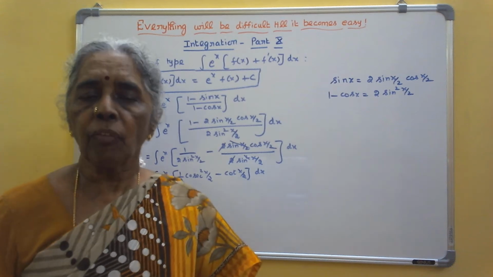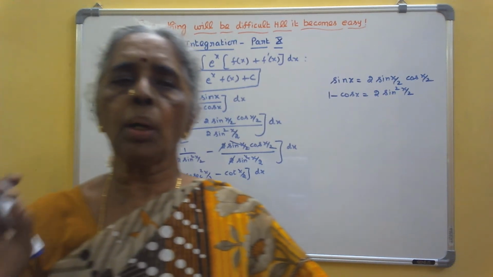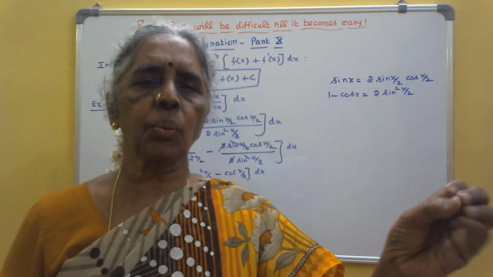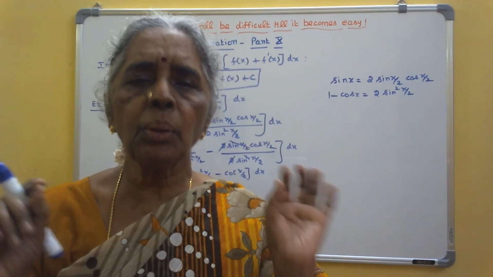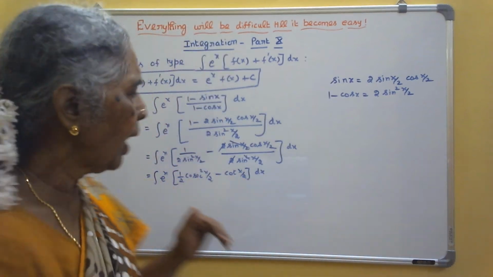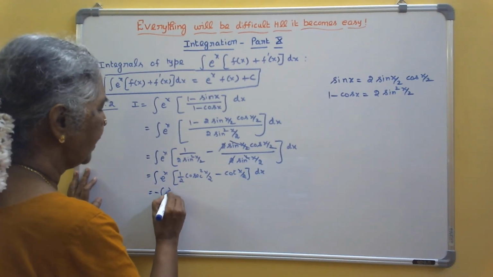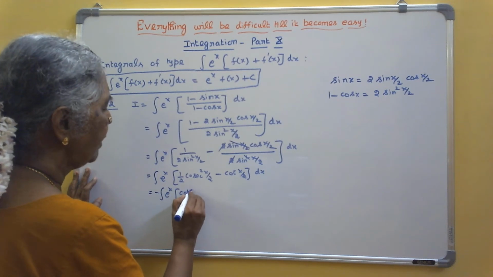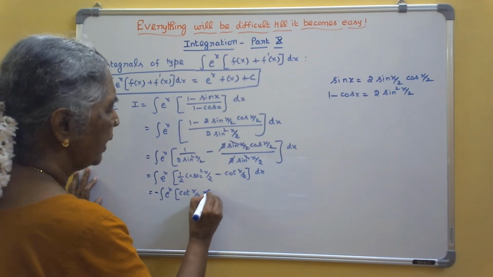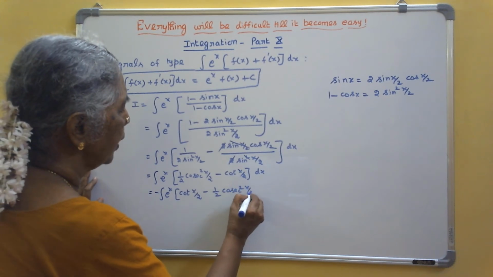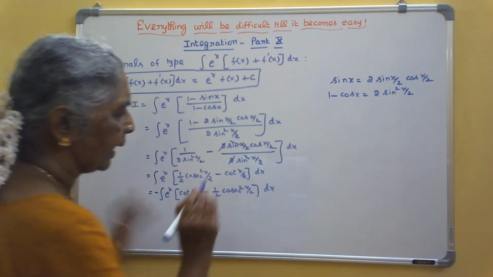You know, if you differentiate cot x by 2, you will be getting minus cosecant squared x by 2 into 1 by 2. So now I am going to take one minus outside. So I will get e power x, I will write cot x by 2 first, then minus 1 by 2 cosecant squared x by 2 dx.